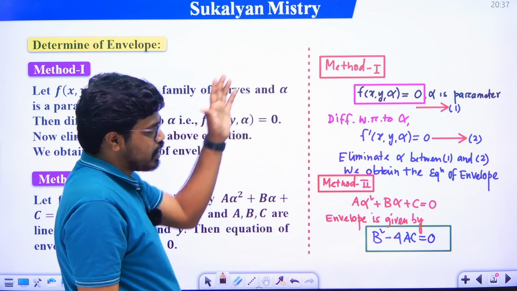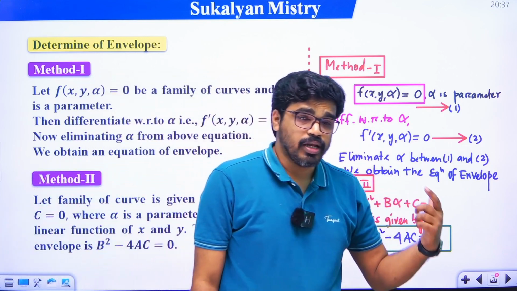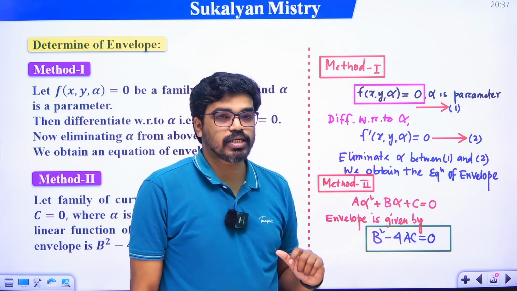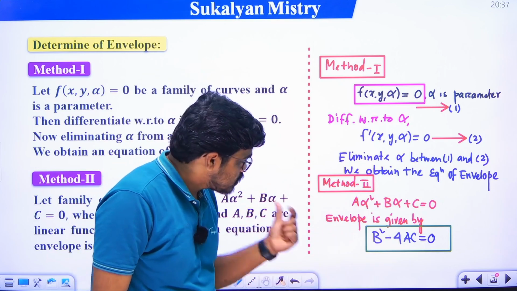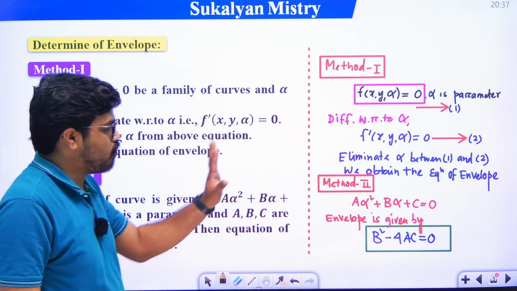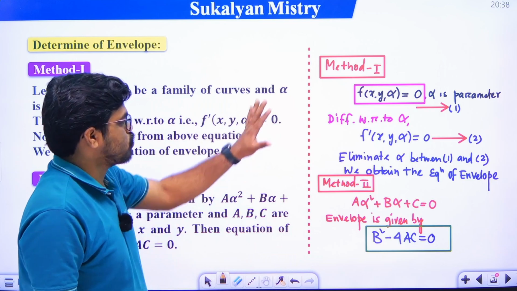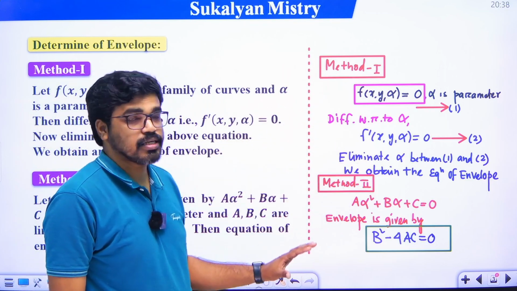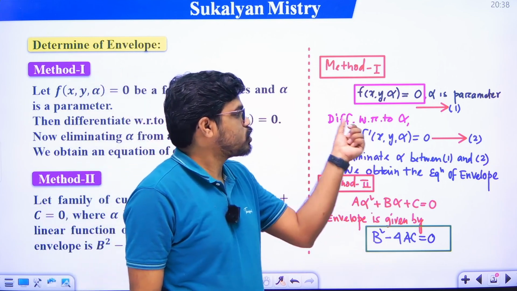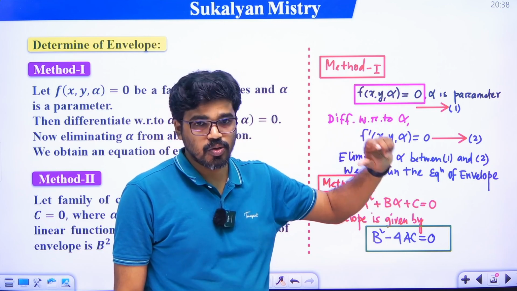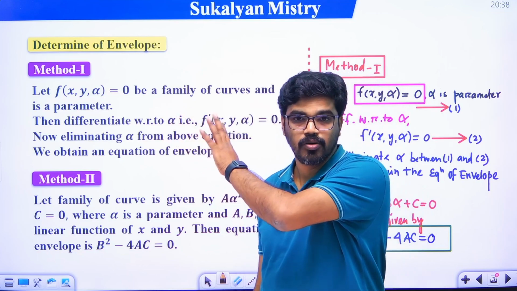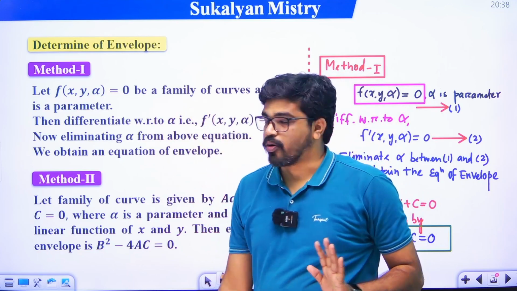And second method, if the family of curves is of the form a alpha square plus b alpha plus c is equal to 0, then the envelope is given by the relation b square minus 4ac is equal to 0. Right, so these are the two methods to find the equation of envelope if the given equation of curve is of the form f x comma y comma alpha is equal to 0 where alpha is a single parameter. Okay, so this is the method.